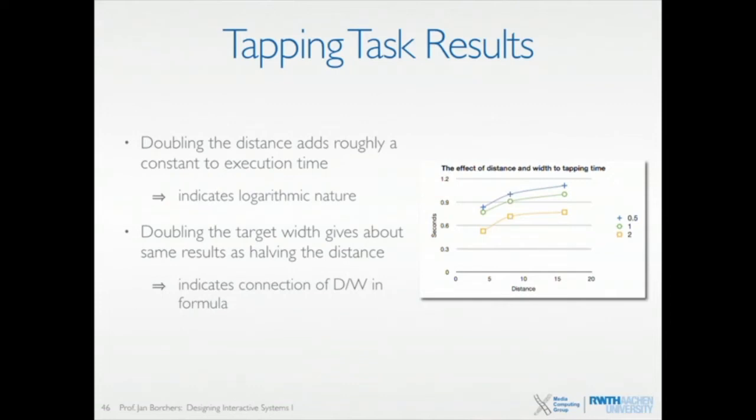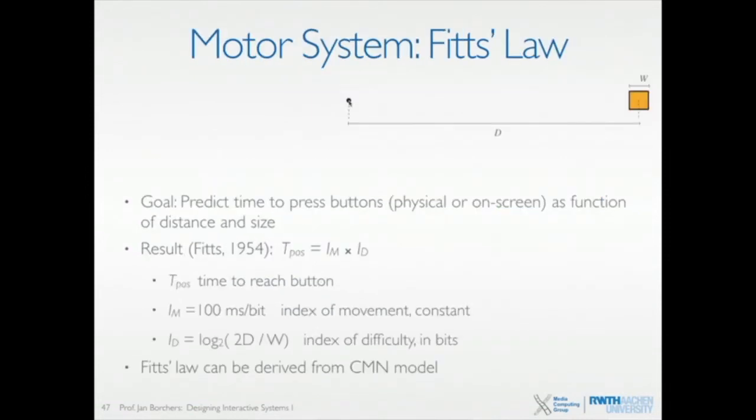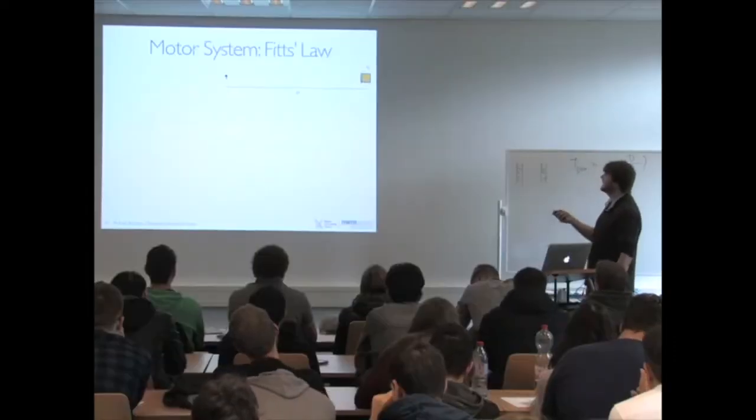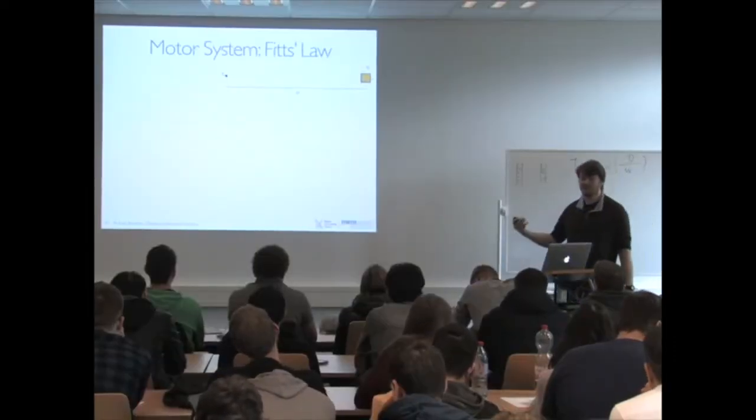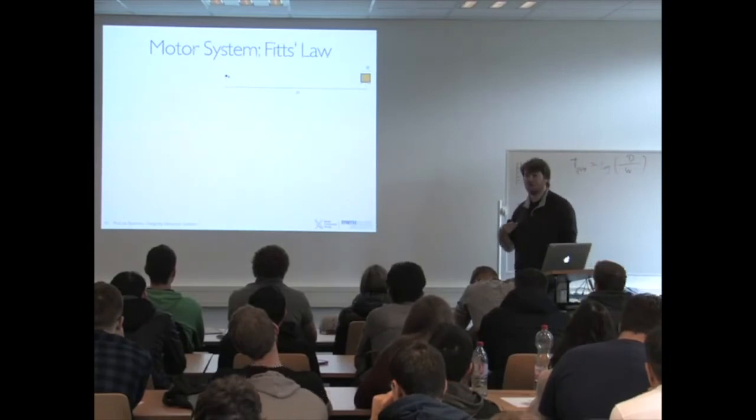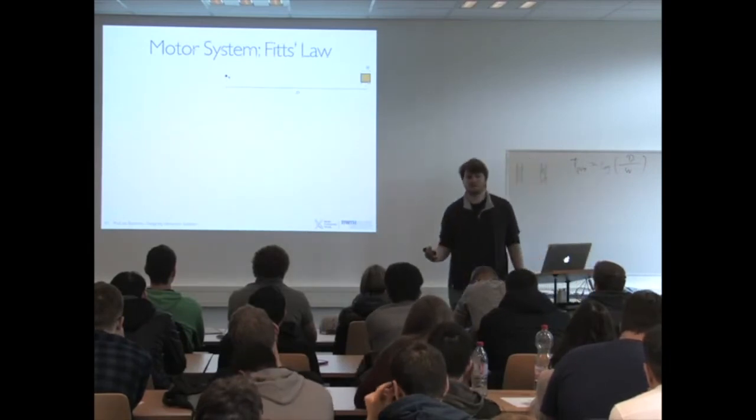Now here's the seconds that I'm taking to reach the target. And this is basically what Paul Fitts described in his law. So a task where I'm switching between 2 targets and trying to hit the target there. And he wanted to calculate or to optimize a jet cockpit.